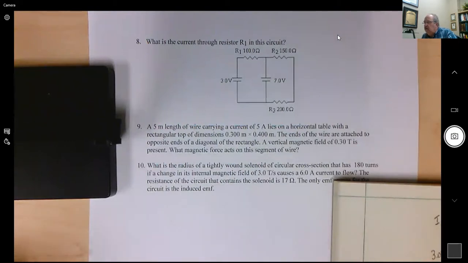The ends of the wire are attached to opposite ends of the diagonal of the rectangle. The vertical magnetic field coming out of the table is 0.3 Tesla, and we want to know what is the magnetic force that acts on this segment of wire.